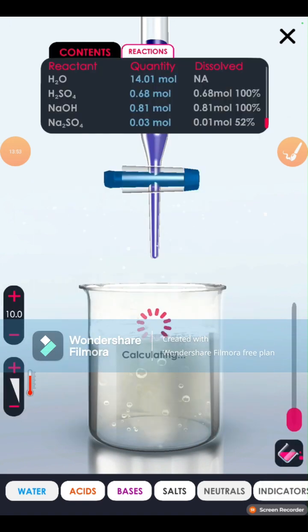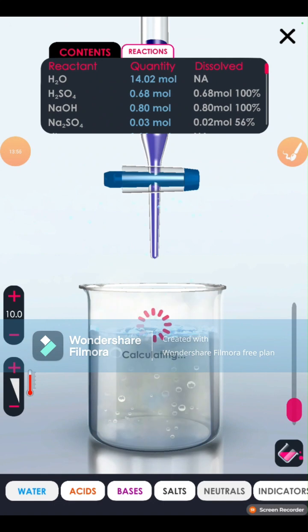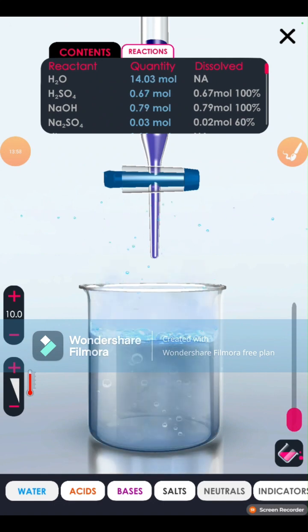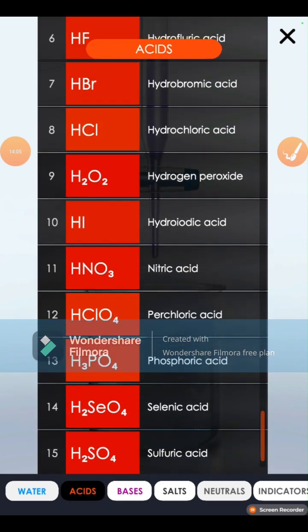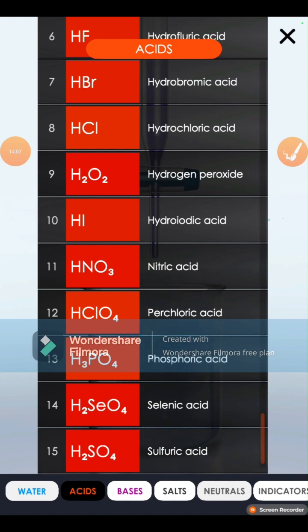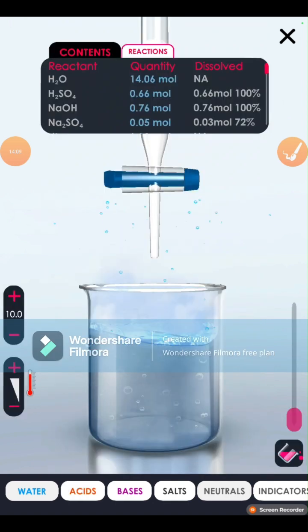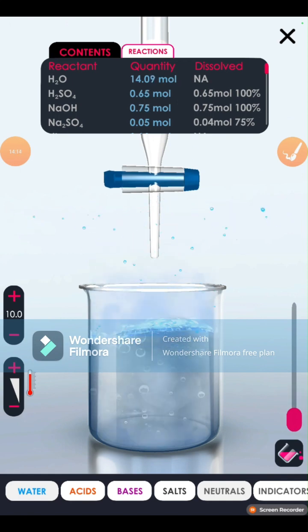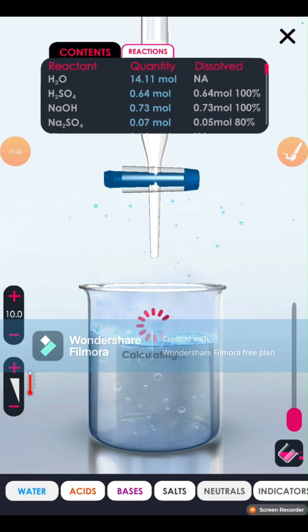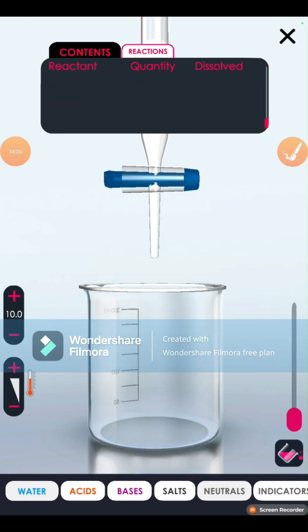So let me just put litmus over here. As you can see, it has turned to base over here. I'm just putting a small amount of sulfuric acid over here. So as you can see, the solution has neutralized, as it has turned normally blue over here. So drain it over here.